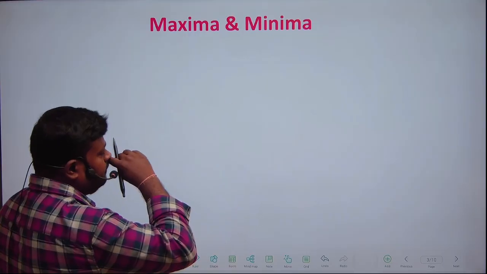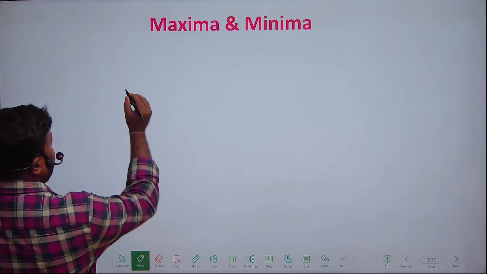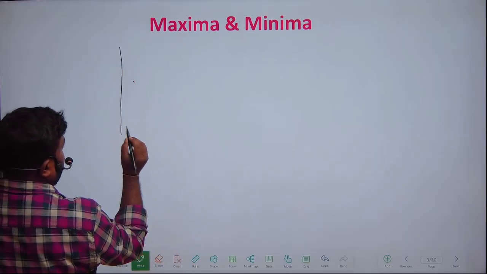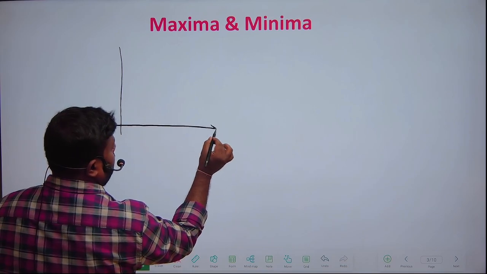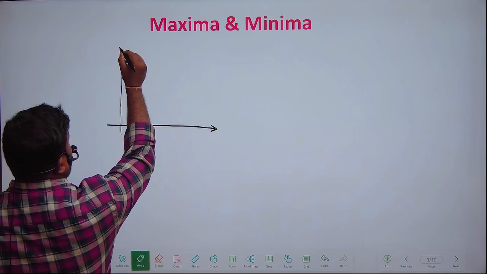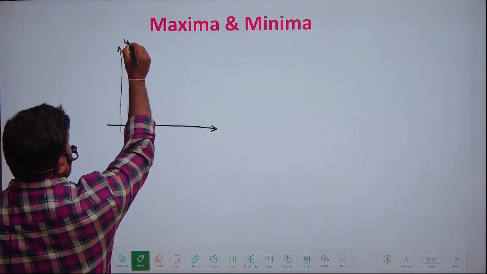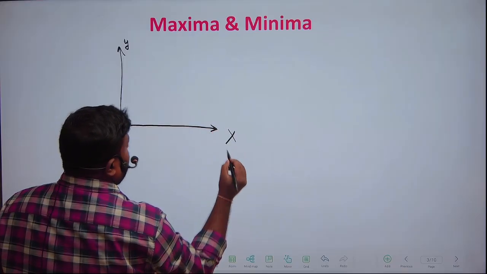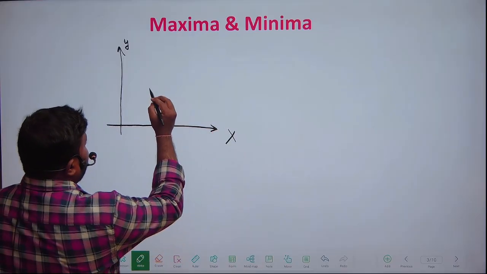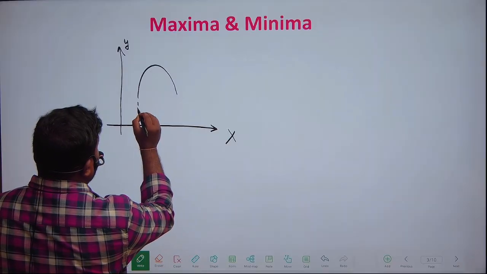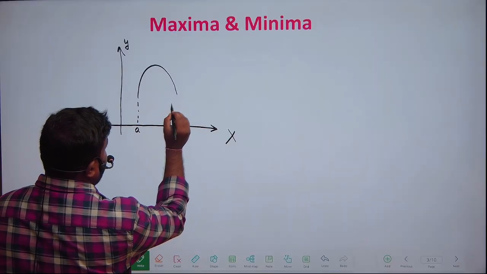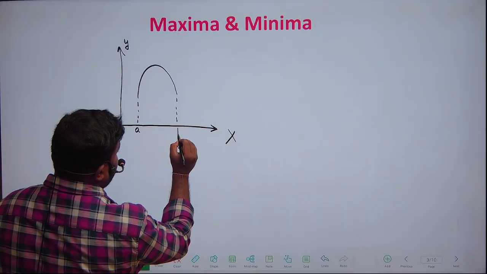Now I'm going to explain with the graph. I am taking one graph. Here this value is a, here the value is b.